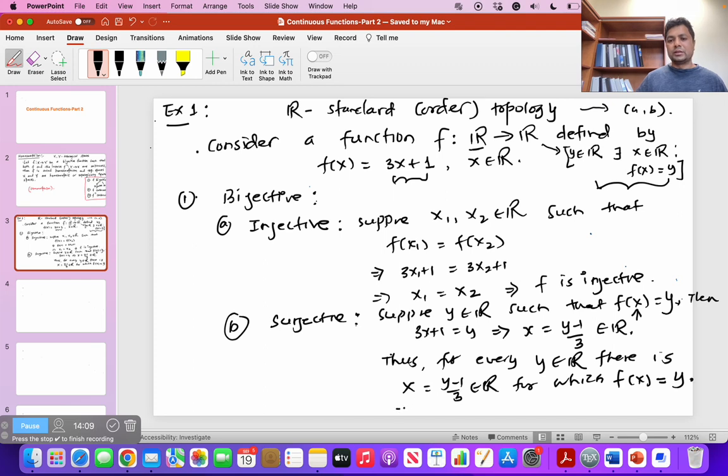That means we just showed that range and codomain are equal, which implies that f is surjective.